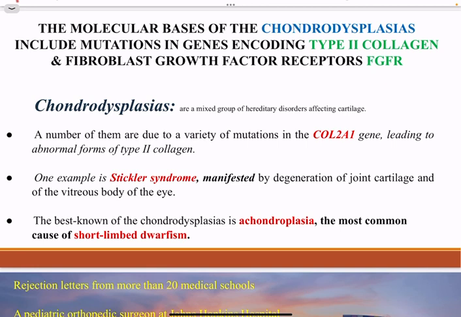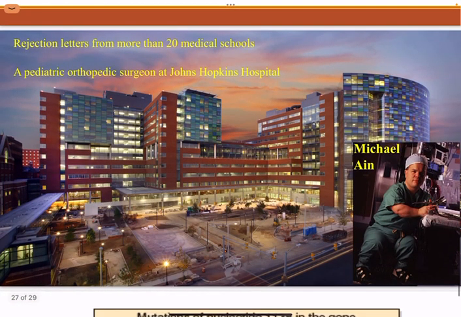So one of these diseases is called achondroplasia, or in general they are called chondrodysplasias as diseases. The most common one is achondroplasia, and why I'm interested in this one is because there is a good example here, actually, which is Professor Michael Ryan, who is working at Johns Hopkins, and I always give this example in order to demonstrate the devotion of this guy, and the insistence to be a physician, and not just a physician, he's an orthopedic surgeon.